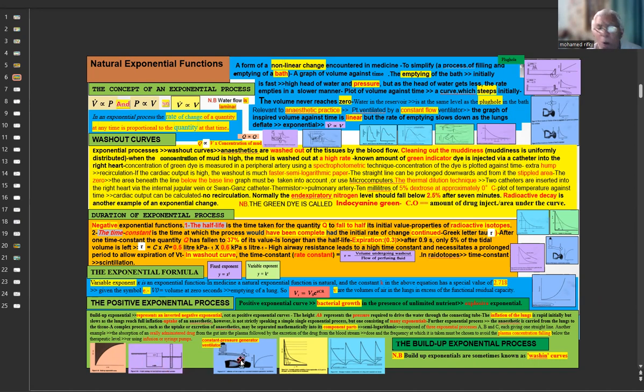And this is what happens whenever I use a constant pressure generator, meaning the pressure is constant throughout the process of inspiration, but it creates an inverted negative exponential curve, a build-up exponential. This is how it looks whenever I use a constant pressure generator.